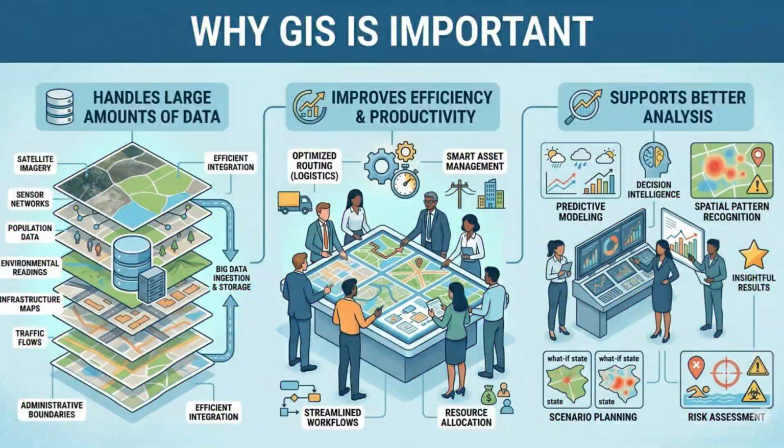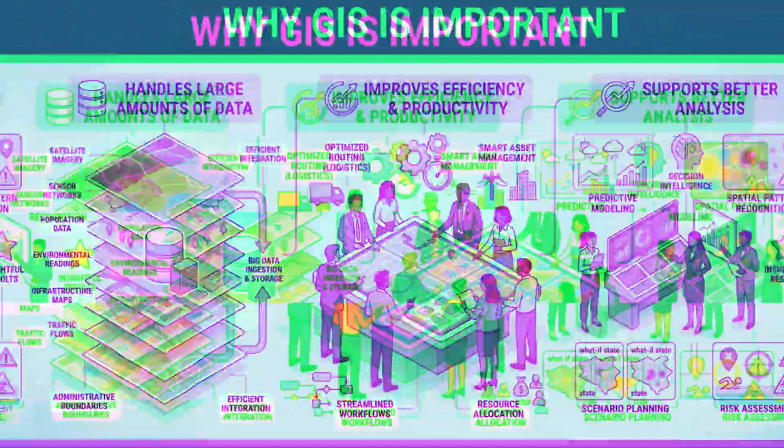Why GIS is important? In today's modern world, we deal with a huge amount of data every single day. Managing and understanding this data can be challenging. GIS helps us organize, manage and analyze this data more efficiently, making our work easier and more productive.